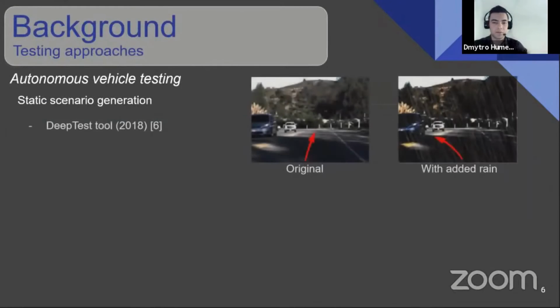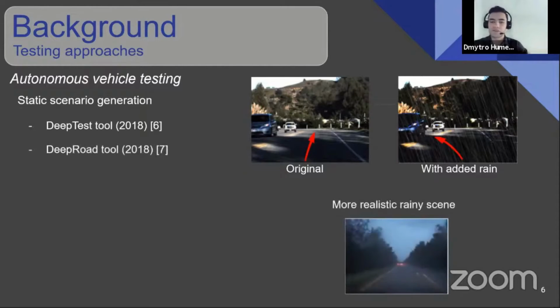One commonly used method is to supply some test images with certain transformations to test the robustness of the classifier.